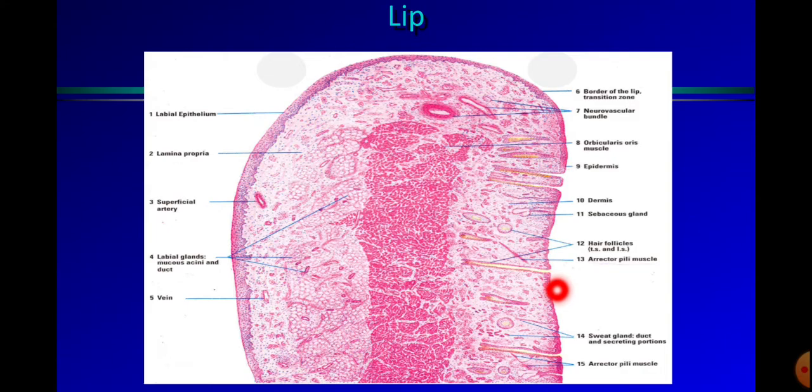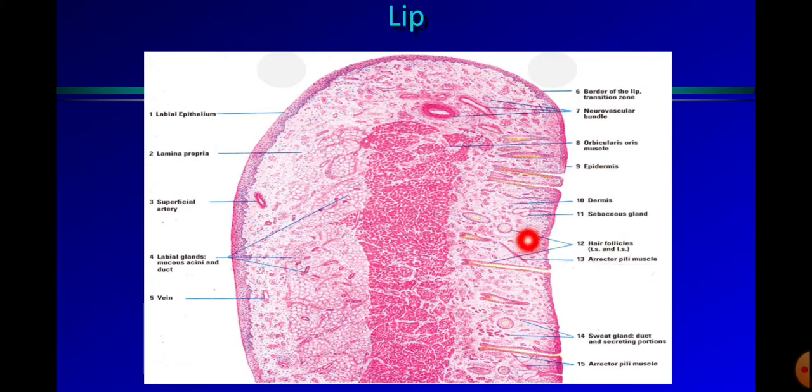Another easy way to identify the outer and inner aspect is that the outer covering, the skin, comes along with hair follicles. Hair roots, hair follicles are there along with the outer covering. So that makes it easier to identify the outer aspect of the lip.